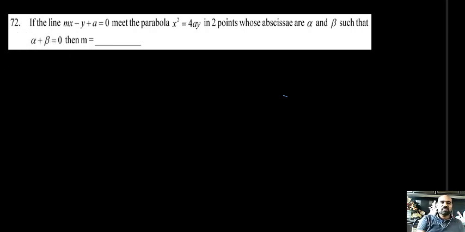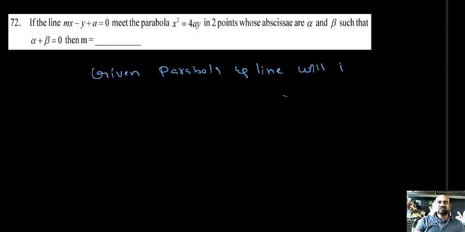Okay, students. Yeah, the parabola and line will intersect in two distinct points. That I will write. Given parabola and line will intersect in 2 points.